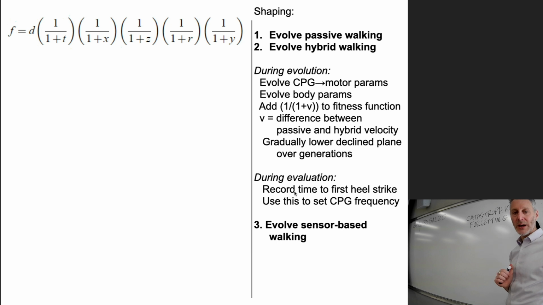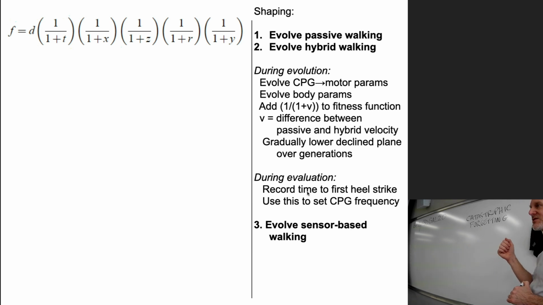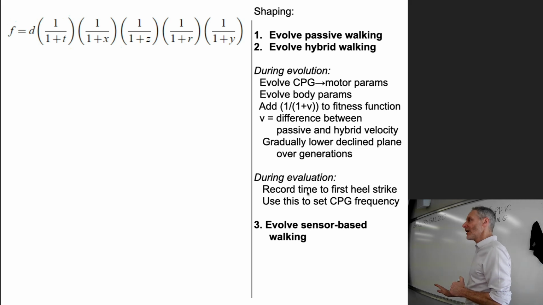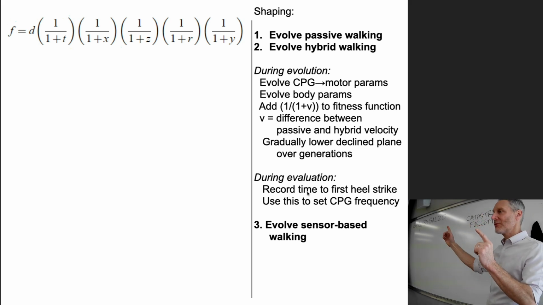Here's how it works. Remember that the CPG sends out a pulse at T0, the first time step of the simulation. Remember at T0, the robot is at the top of a declined plane with one of its legs out forward, and suddenly the CPG turns on and the robot judders a little bit, which starts to send it down the declined plane. The code running the simulation measures the number of time steps that elapse until the heel hits the ground, and that number of time steps becomes the frequency of the CPG for that robot.